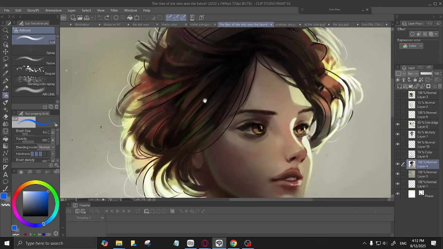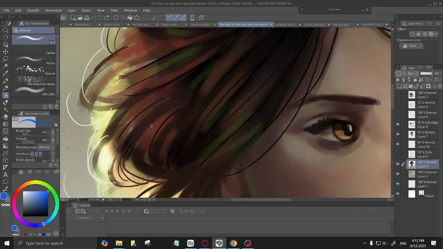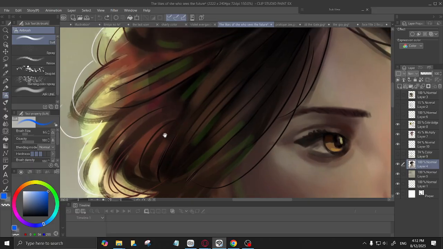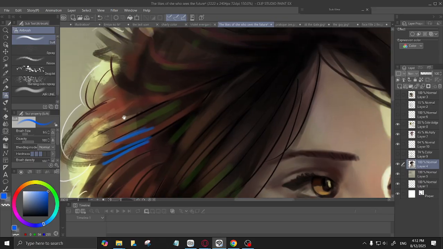But still, when we look at it, all of this strand right here is much bigger than, let's say, some other. There's a lot of lines, and then this one is a bit free, and then more lines.